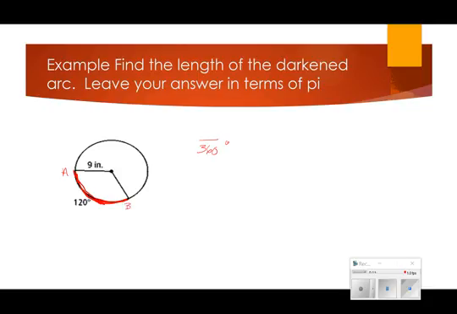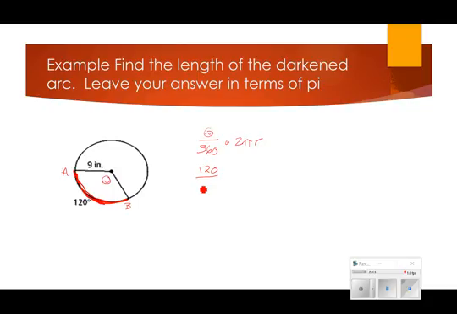The other thing you're going to see, though, is sometimes we call it a central angle, and we use this figure here. We talked about that with trig. So let's just say it's that central angle over 360 times 2 pi r. So the central angle is the same as the arc it intersects.